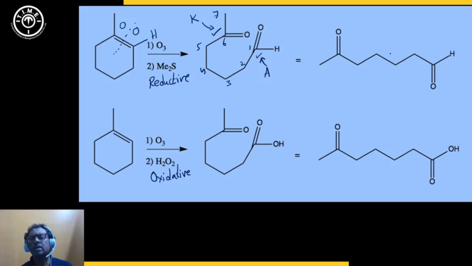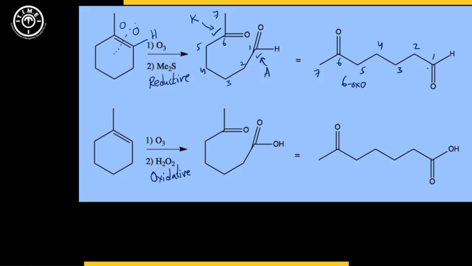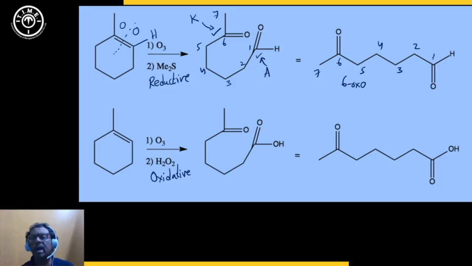On the 6th carbon, you have a ketonic group, that is oxo. So this becomes 6-oxo, and it is a 7-carbon system, and aldehyde is there, so it is heptanal. So we got 6-oxoheptanal.